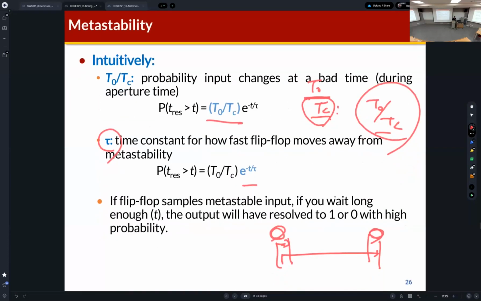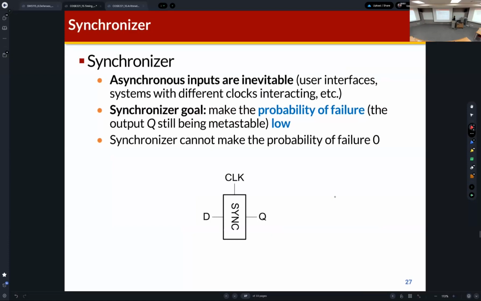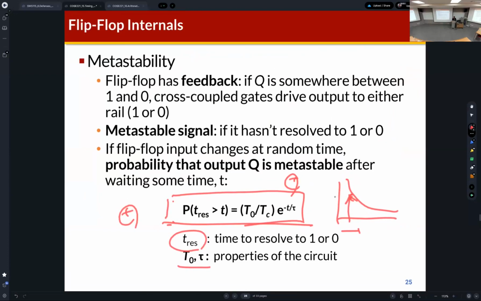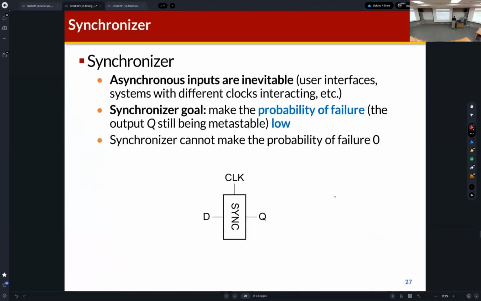Then how can we avoid the metastability? We cannot avoid the metastability entirely, because if you see this function, the probability cannot be zero. It's because this is the inverse of an exponential function, so the probability does not go to zero, even though the t is very high.